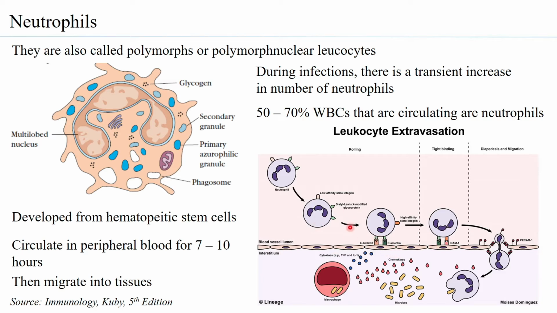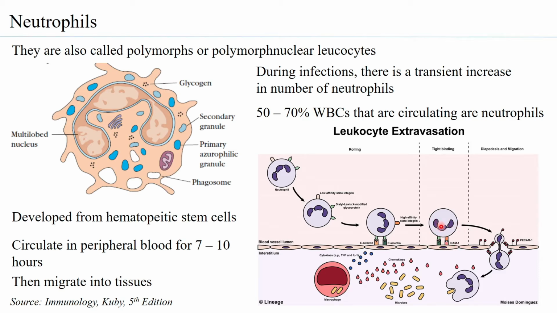For example, integrins can bind to selectins, so you have E-selectins and P-selectins, and having tightly bound to these, also through what is called ICAM, that is adhesion molecules.